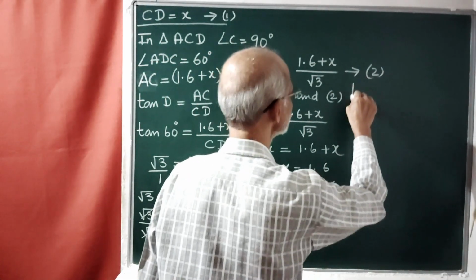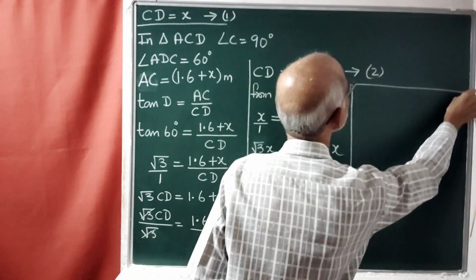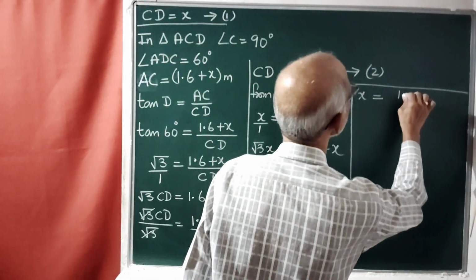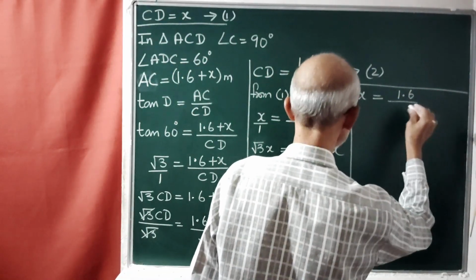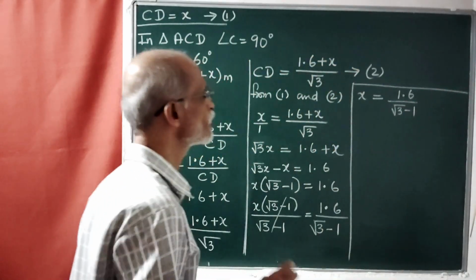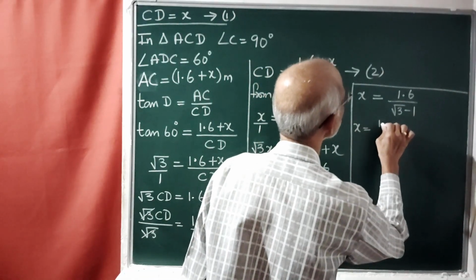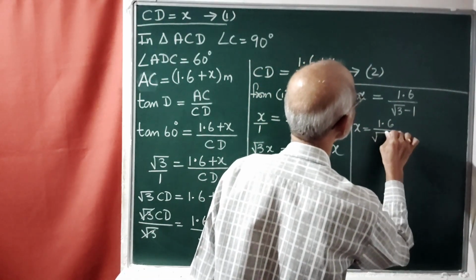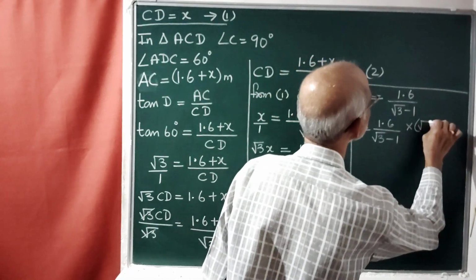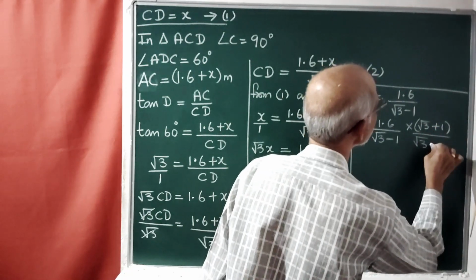So x will be equal to 1.6 by root 3 minus 1. Now we will rationalize the denominator. X is equal to 1.6 by root 3 minus 1 into root 3 plus 1 by root 3 plus 1.